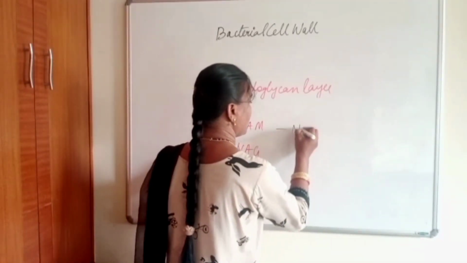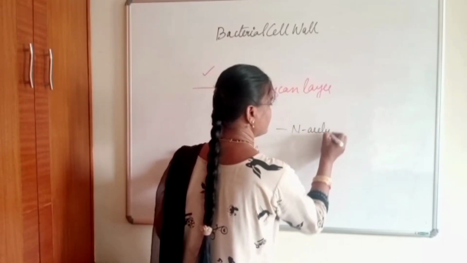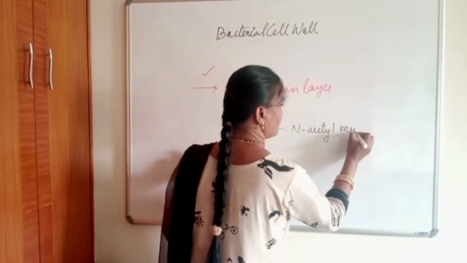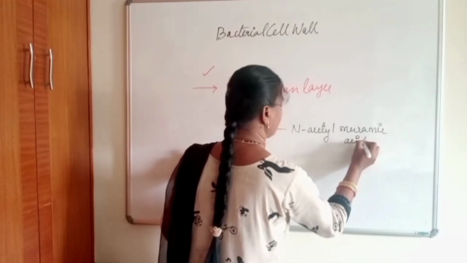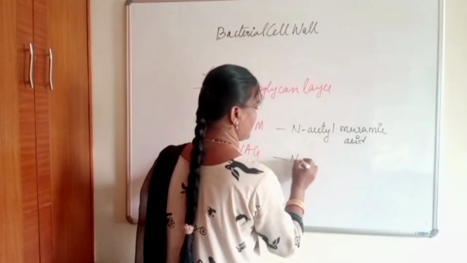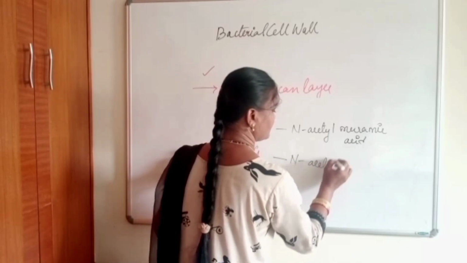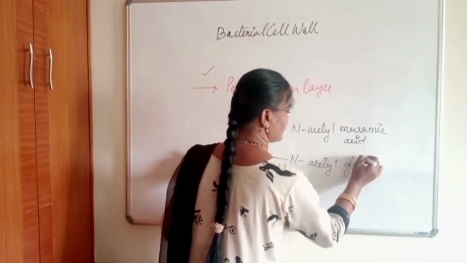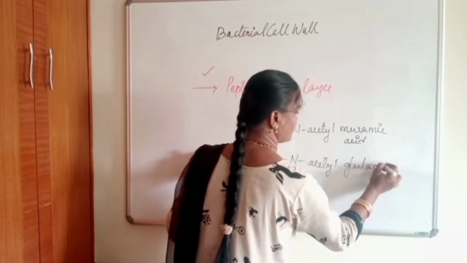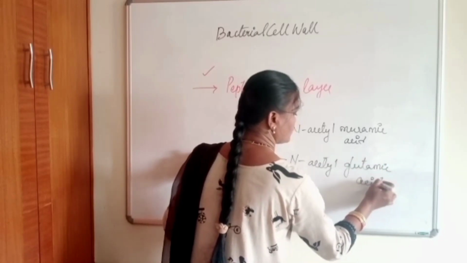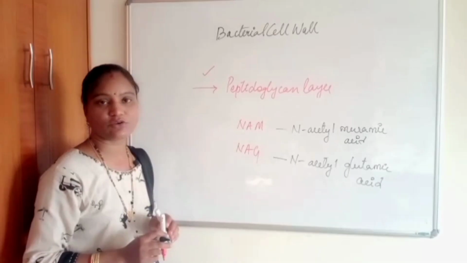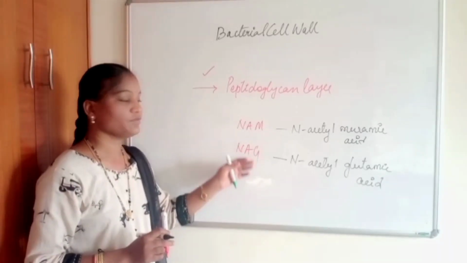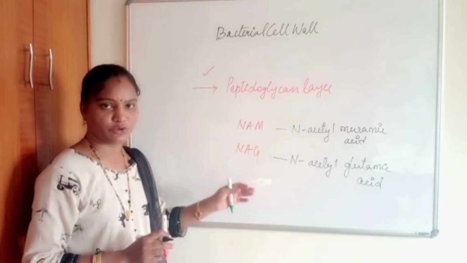NAM means N-acetyl muramic acid, and NAG means N-acetyl glucosamine. These are the two important units that make up this peptidoglycan layer.